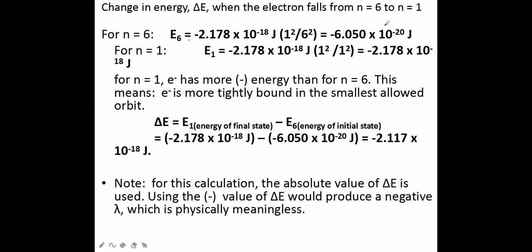The final state is a smaller value, the initial state is a larger value, and we are subtracting. So it is negative 2.178 times 10 to the power negative 18, minus negative 6.050 times 10 to the power negative 20. This gives us a plus sign, so we'll add instead.